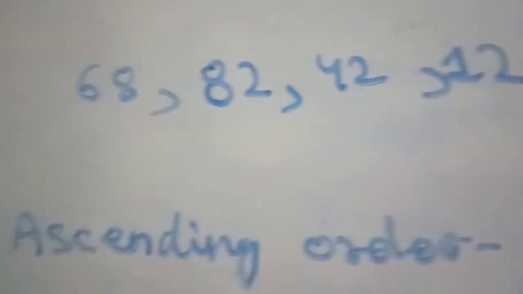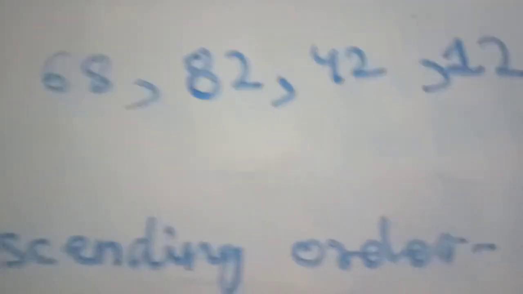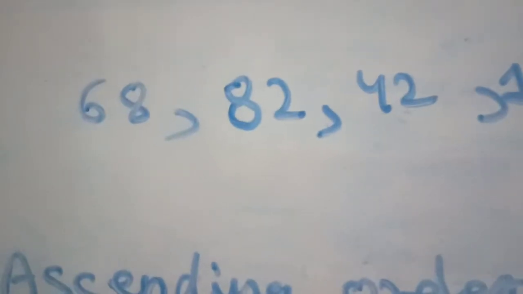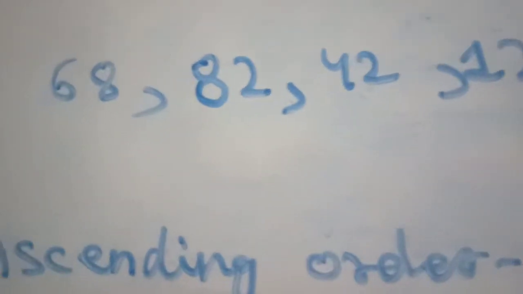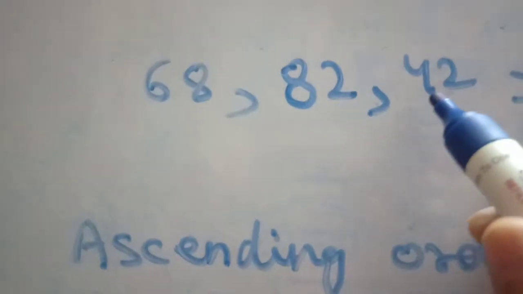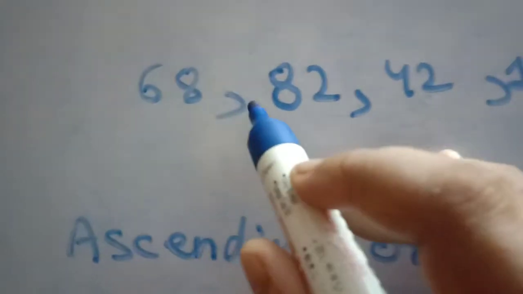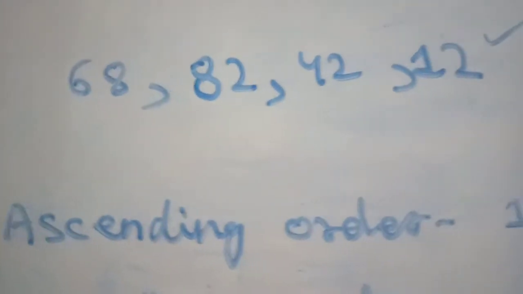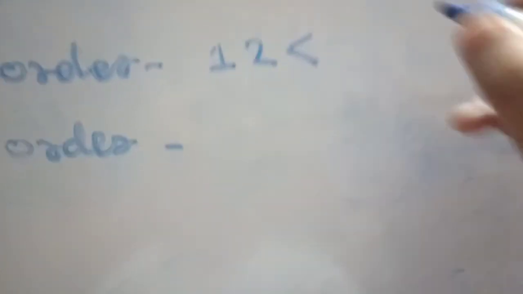So we selected this one, and now we want to take one number from these three numbers. We will take 42. Why? Because you can see 4 is smaller than the 6 and 8 at the tens place. So now we will write 42, and again the sign.